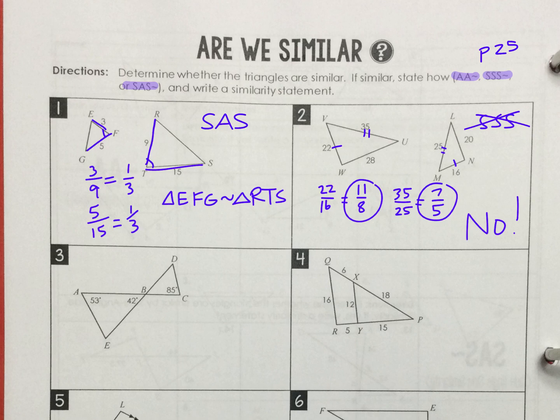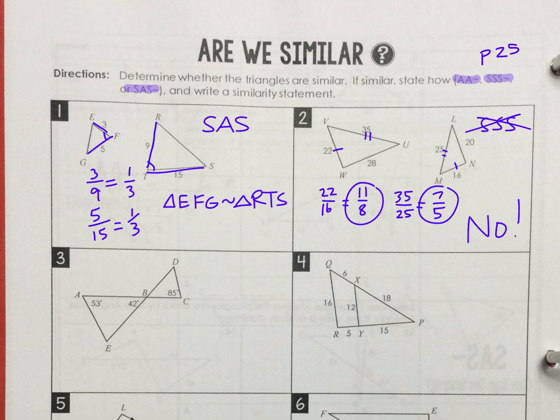This next one, I'm going to go ahead and mark it because, well, I'm a genius. And we know that vertical angles are the same. So if that one is 42, that one is 42. Now all I have to do, I'm going to find this missing angle. If this turns out to be similar, it's going to be an AA because I don't have any side information.